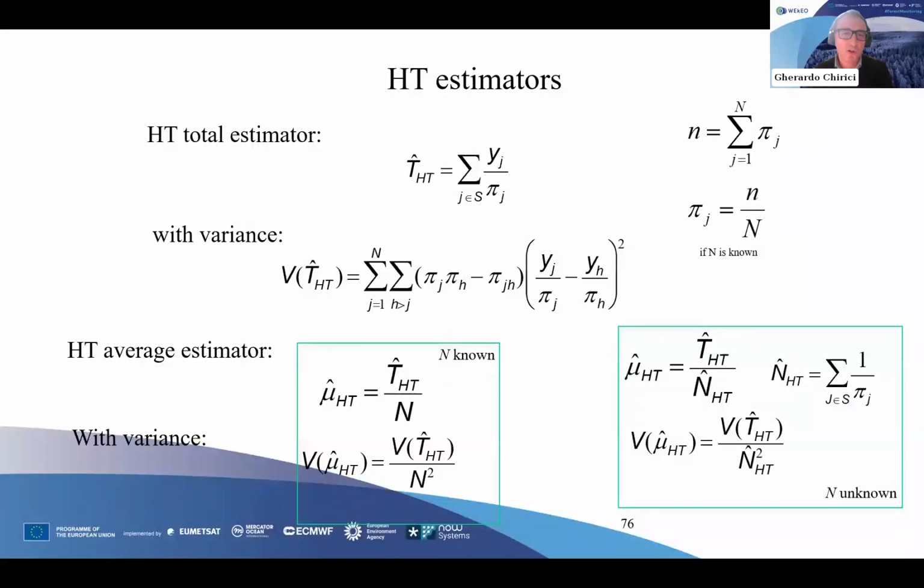We don't have time to go into the details, but we don't just calculate the estimation of the forest variable, for example the growing stock volume, basal area, number of trees per hectare, or whatever variable we want to estimate. We also have to calculate the variance.